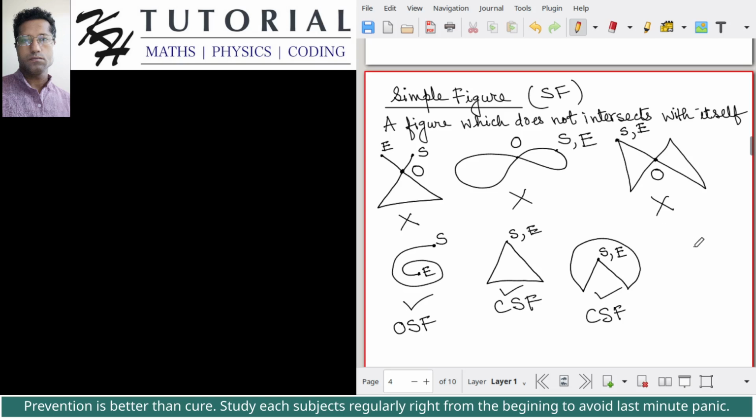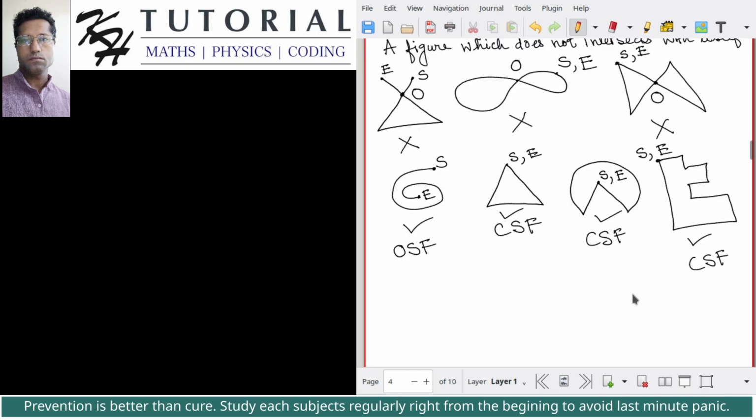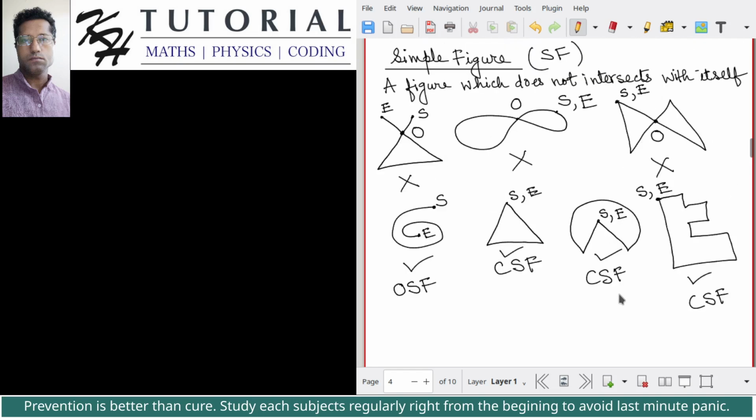Some other examples are, this is also a closed simple figure. As you can see, there is no point at which the figure is intersecting with itself. Okay, so I hope it is clear what is meant by a simple figure.